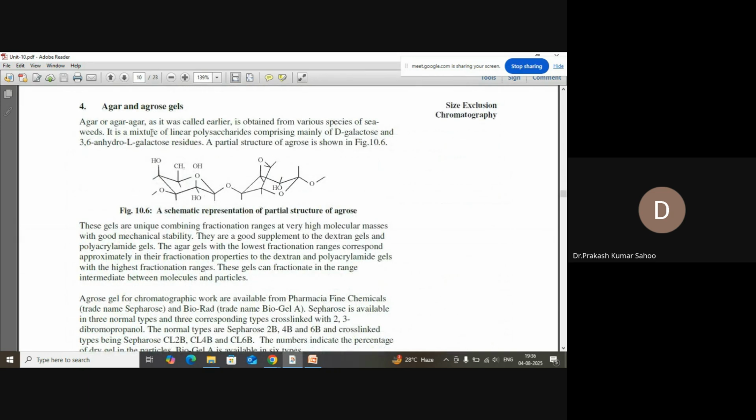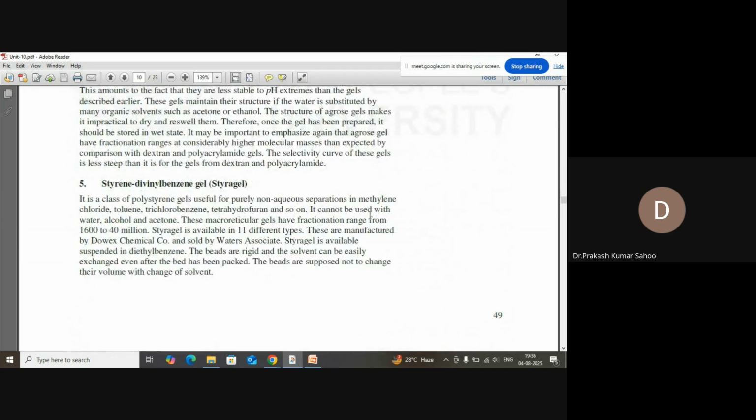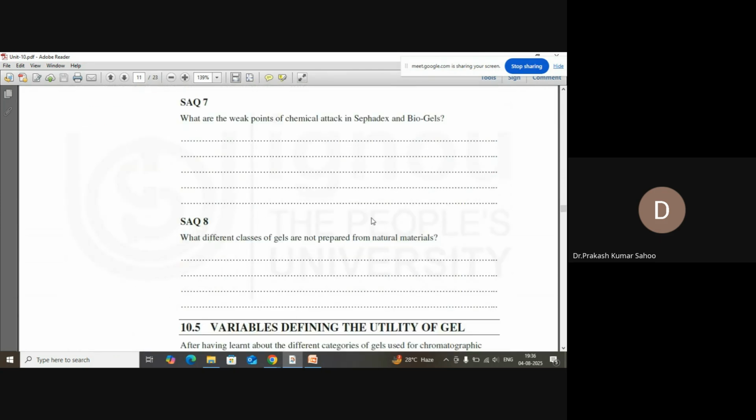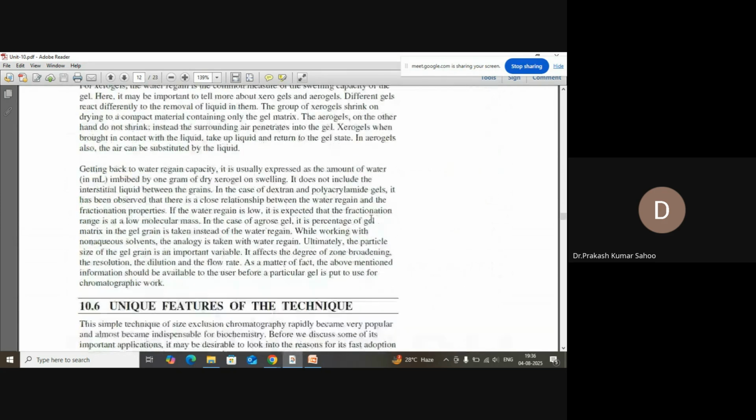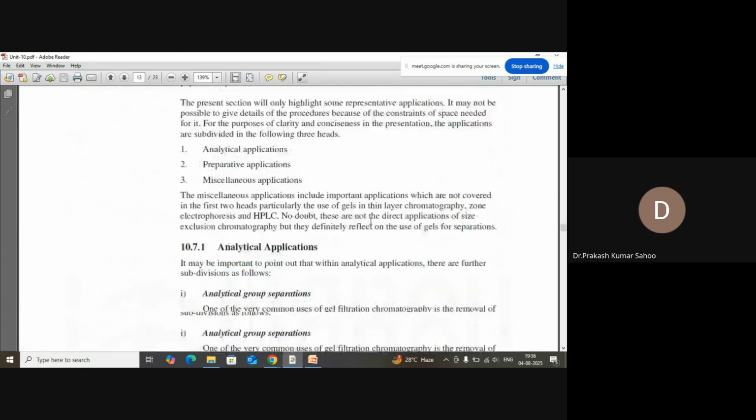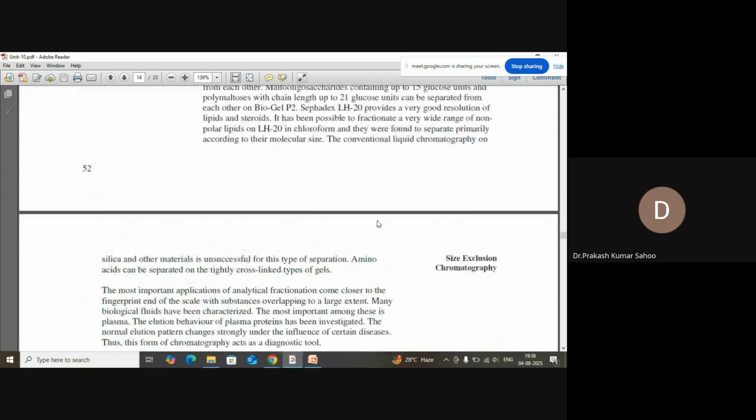Then we have our agarose gel, where D-galactose residues are used for this gel preparation. Styrene divinylbenzene is already discussed.